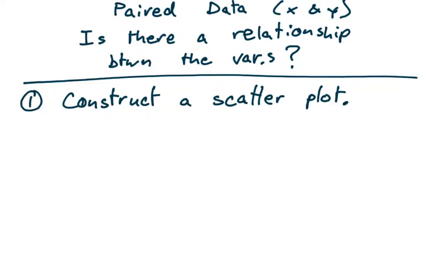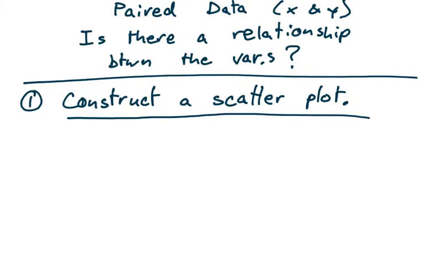The first thing to do is a little bit of exploratory data analysis. That's a fancy way of saying we're going to look at the data and give ourselves a visual graph to take a look at. We're going to construct a scatter plot for the data.